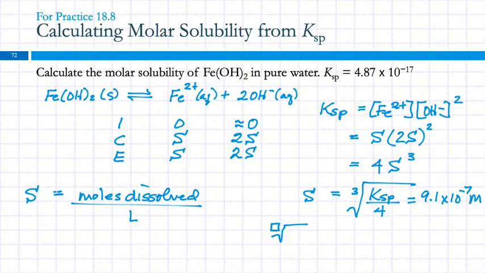Okay, so I was having a misunderstanding with my calculator. When I put this in, what was happening is that it was understanding that the divide by 4 was on the outside of the cube root.